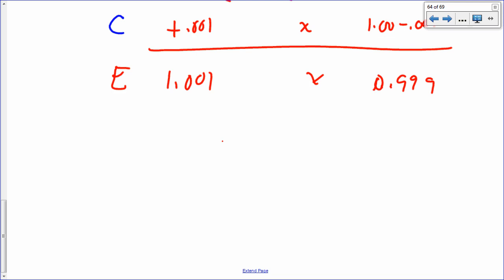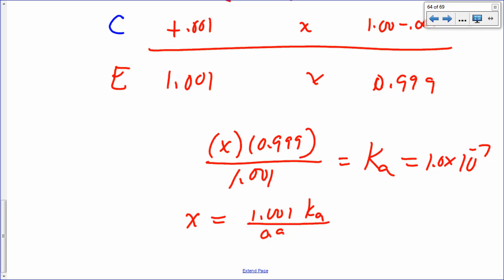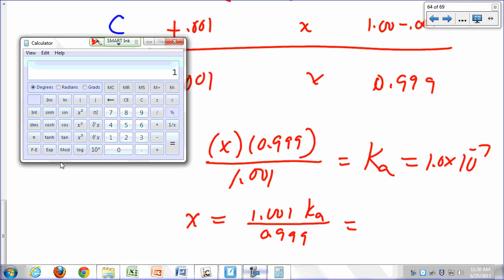So I'm going to say x times 0.999 over 1.001 is equal to Ka. Okay? Which is 1 times 10 to the negative 7. What's my x now? 1.001 times Ka over 0.999. 1 times 10 to the negative 7 times 1.001 divided by 0.999.